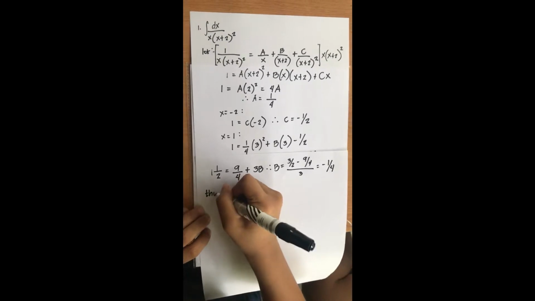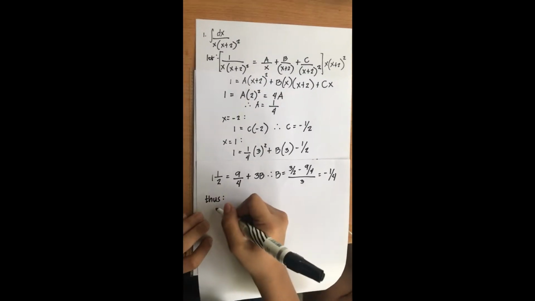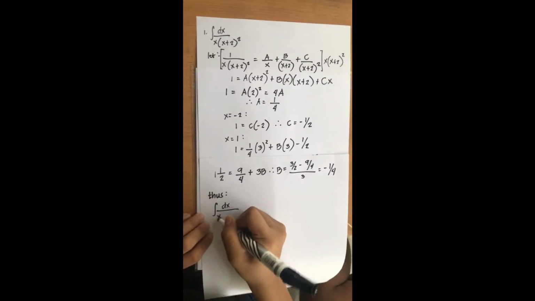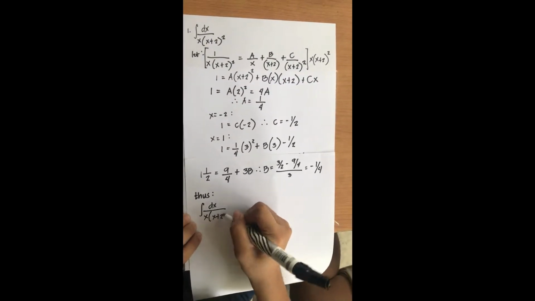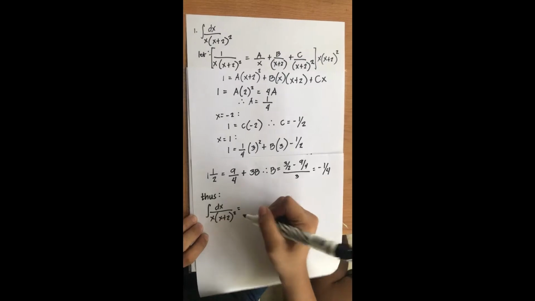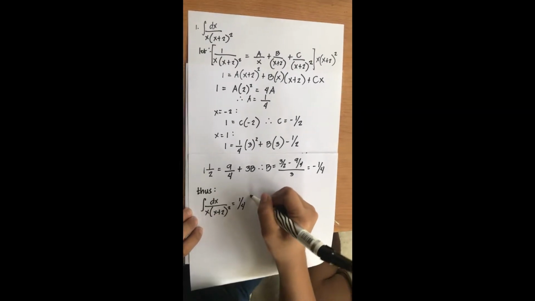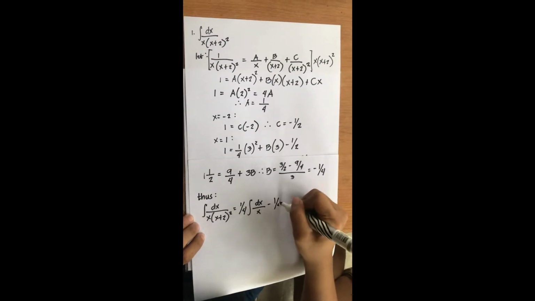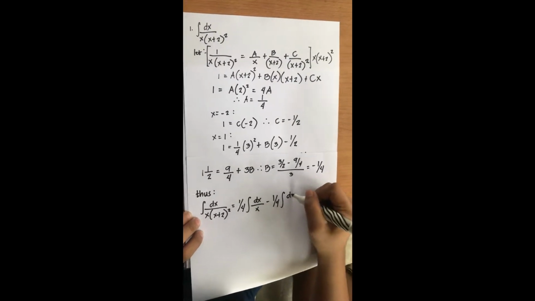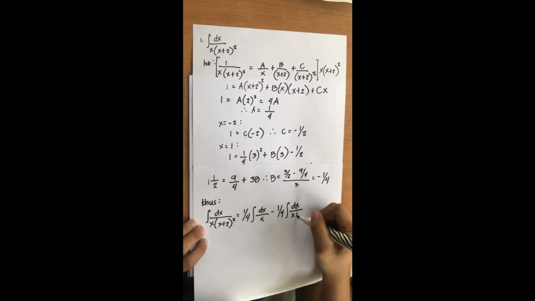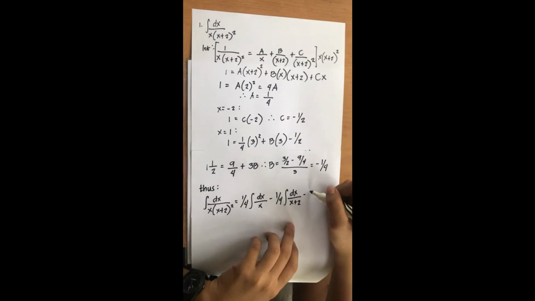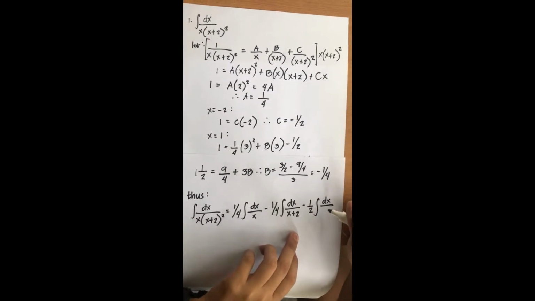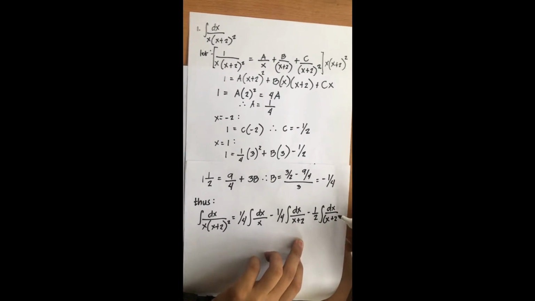Thus, the integral of dx over x times x plus 2 squared is equal to 1/4 integral of dx over x minus 1/4 integral of dx over x plus 2 minus 1/2 integral of dx over x plus 2 squared.